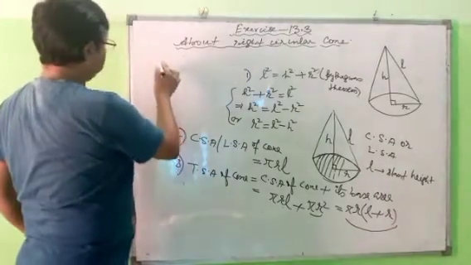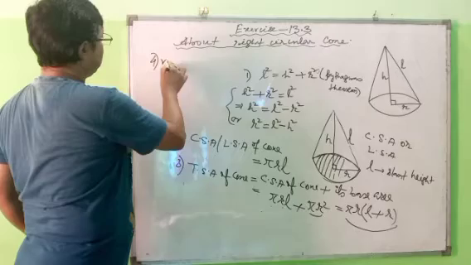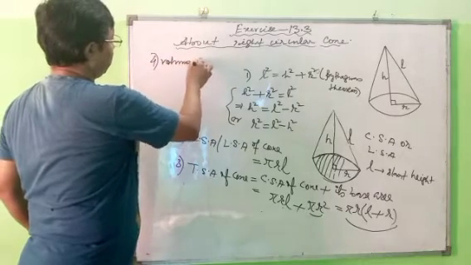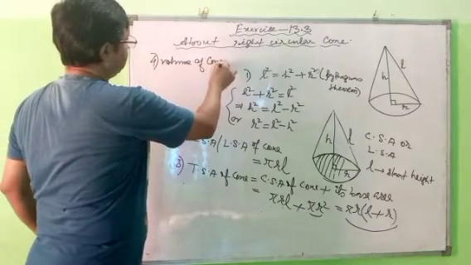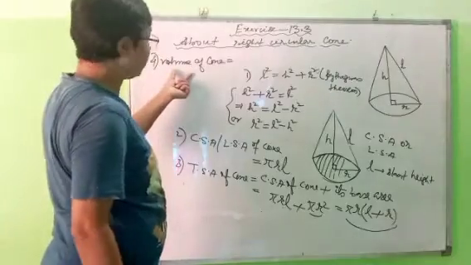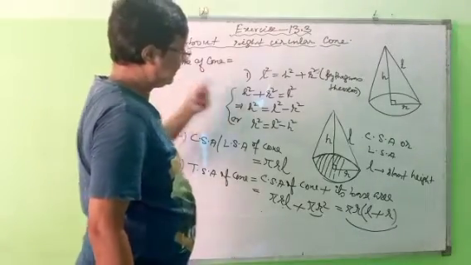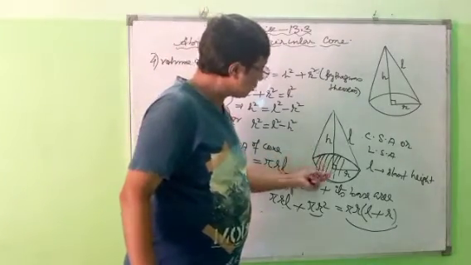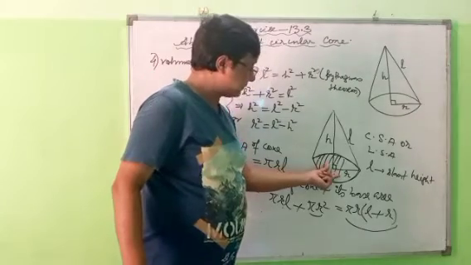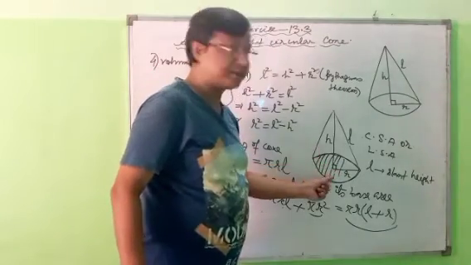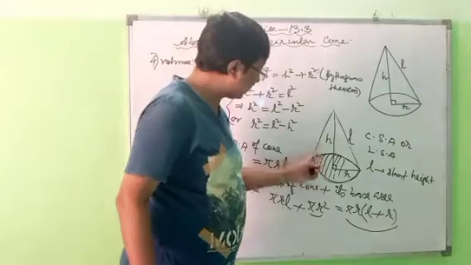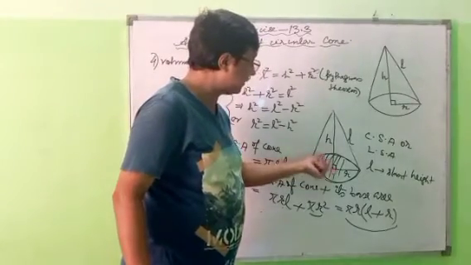Then number 4, you have the volume of the cone. The volume, as you know, is the amount of space inside the container, that is, the amount of space occupied by the container.